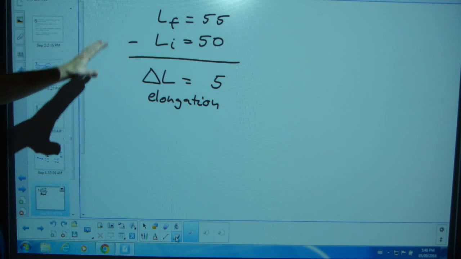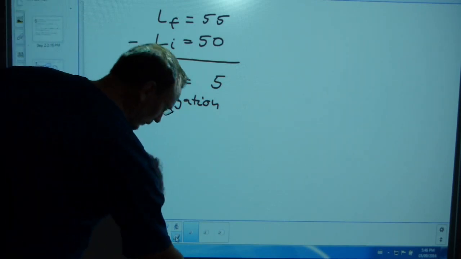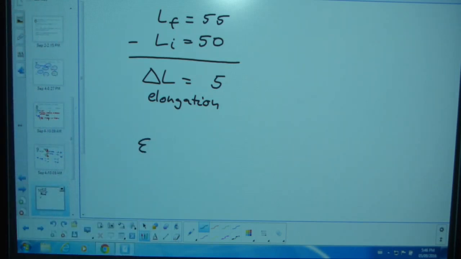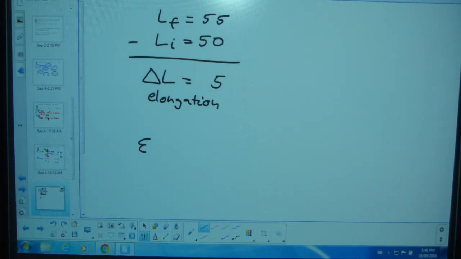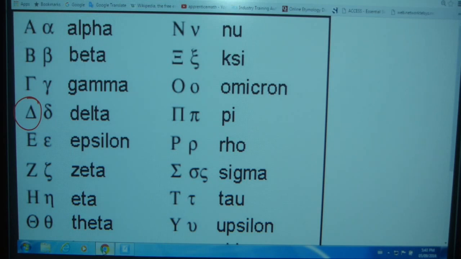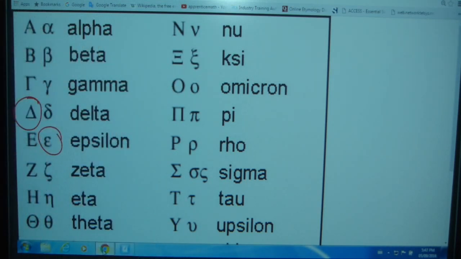Now, where is strain? Strain is marked with the letter epsilon. That's lowercase epsilon. It looks like an E, but it's kind of strange. Epsilon is right next to delta, and it's here.